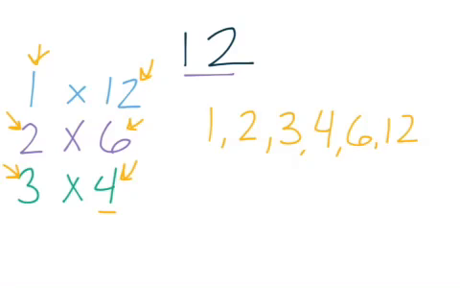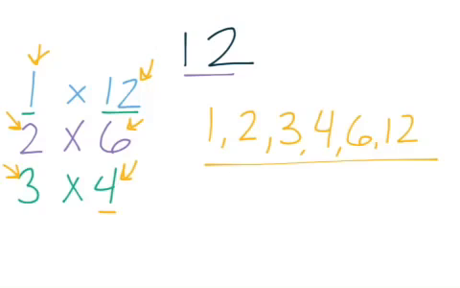Those are all of the factors of our number 12. Those are the numbers that we can multiply times another number to get the product of 12. So when we're listing our factors, we have to find all of the factor pairs, and our factor pairs are the two numbers that we can multiply together in order to get that product.